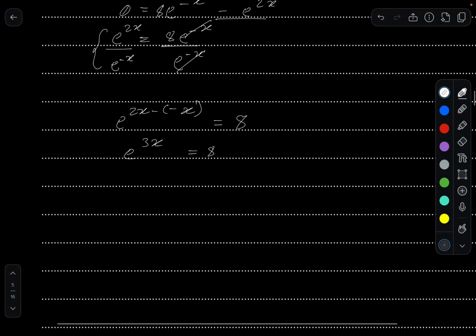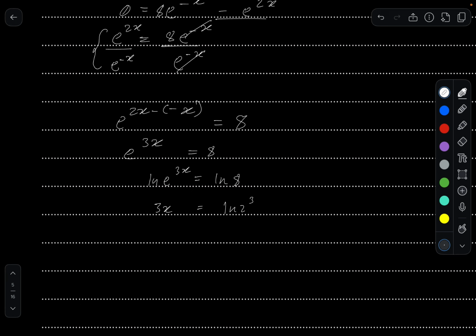Now, obviously, if you take ln of both sides to make x the subject, it'll be ln of e to the power of 3x equals ln of 8, and this one will be written as ln of 2 to the power of 3.